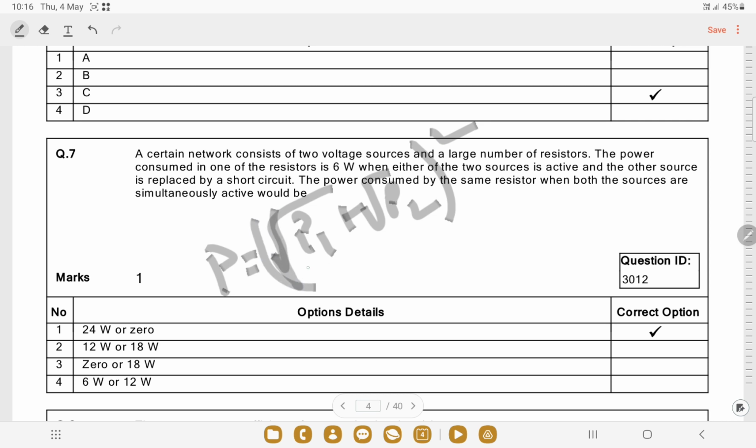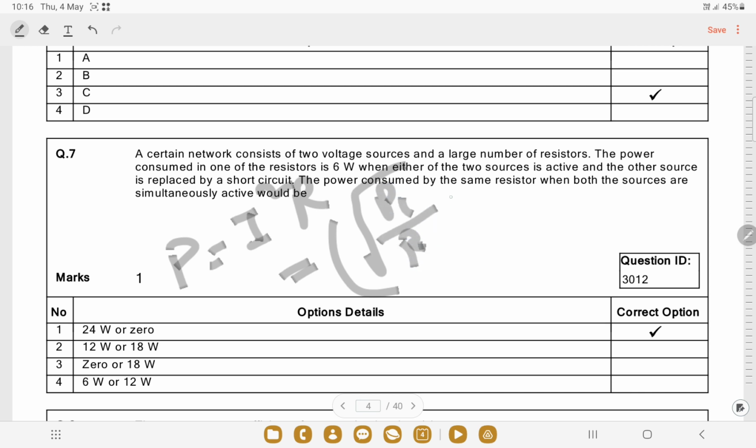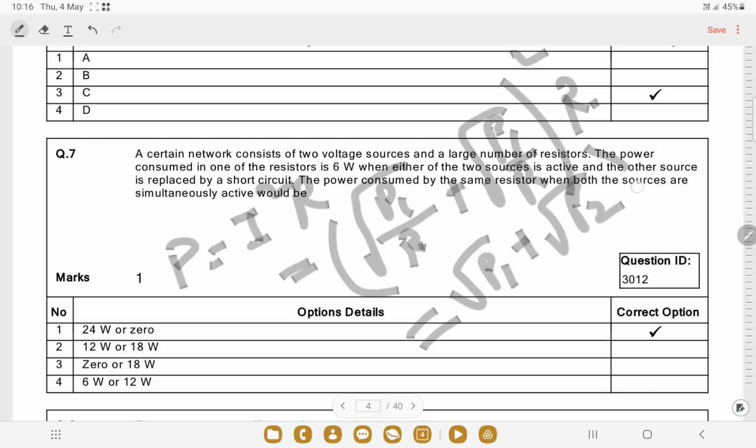We can also write this in terms of R. Let me write this again. P will be I square R. What is I square? I square we have found out will be root over P1 by R plus root over P2 by R, whole square, into R. Now if you solve this, you can take R common and cancel it out, and it will be root over P1 plus root over P2, whole square.